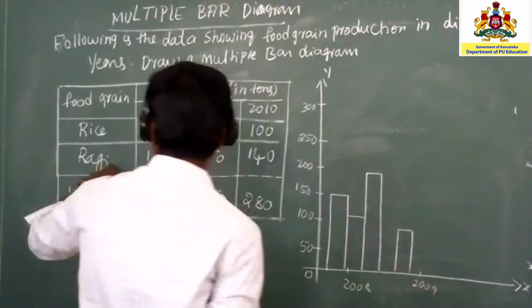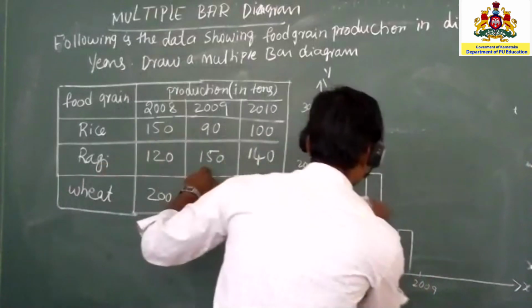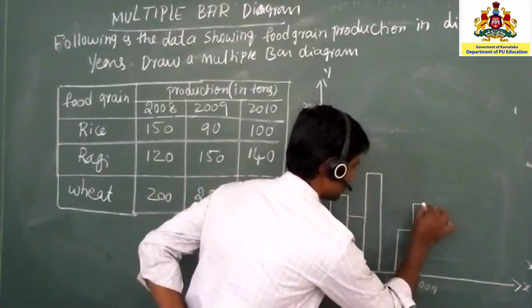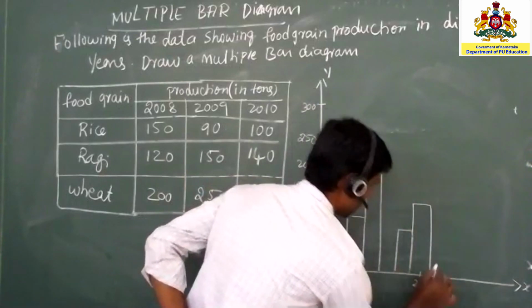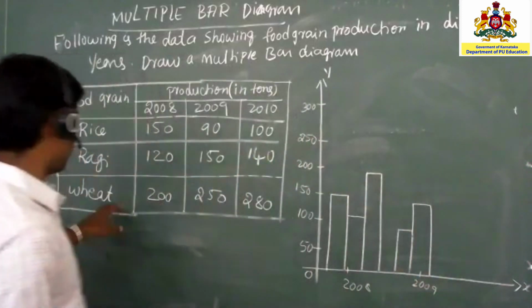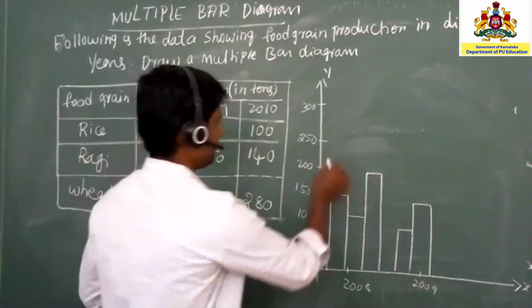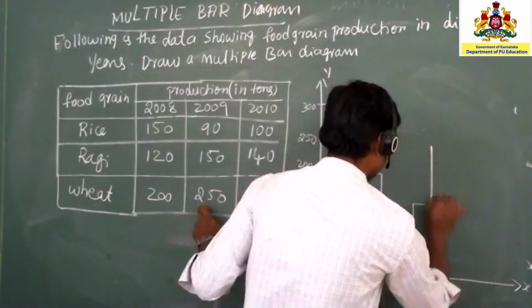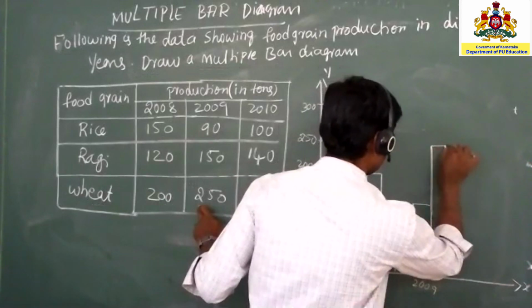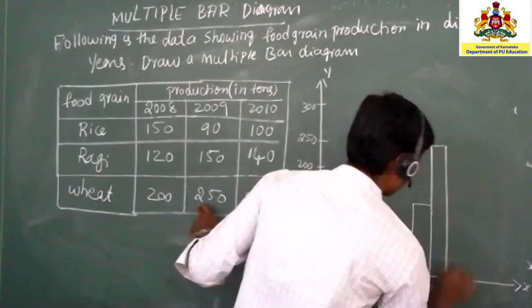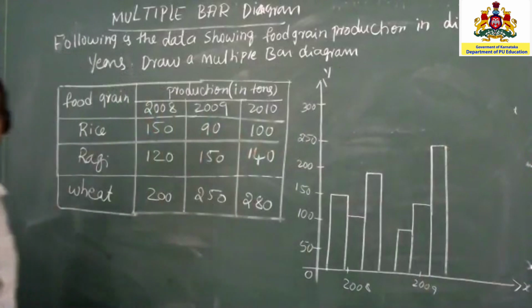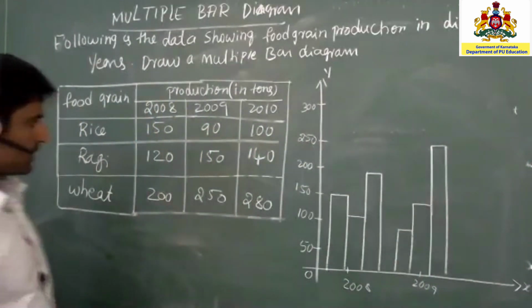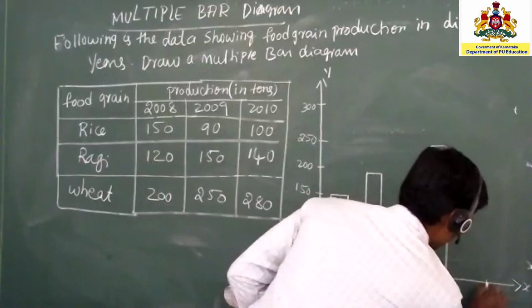Next, ragi value is 150. And next, wheat value is 250.